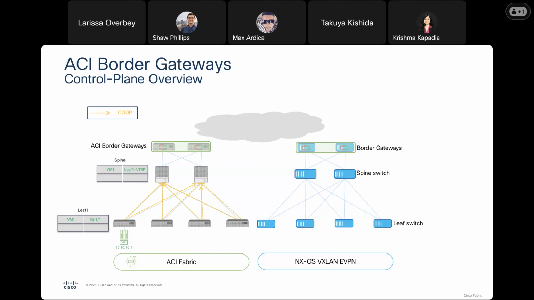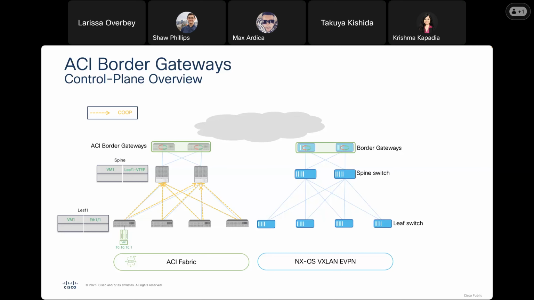We've been using COOP as our protocol in ACI to discover endpoints, and it'll continue to be used. COOP reports the endpoint information from the leafs to the spines, and the spines keep this information in their own COOP database.